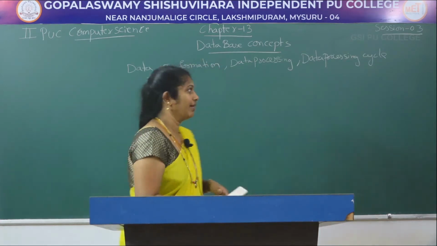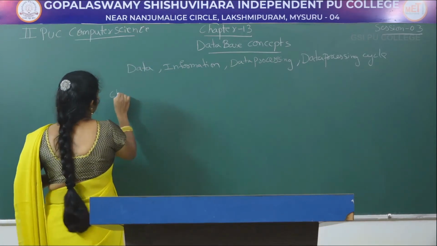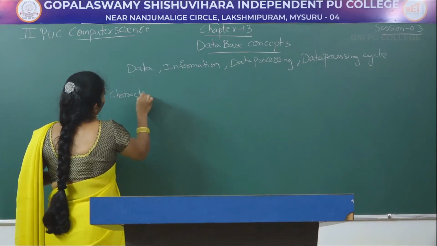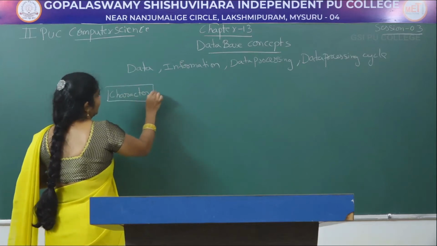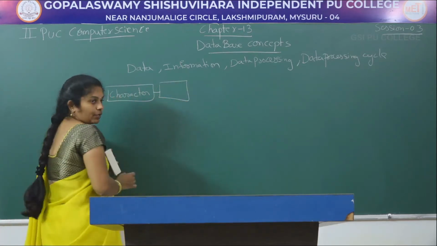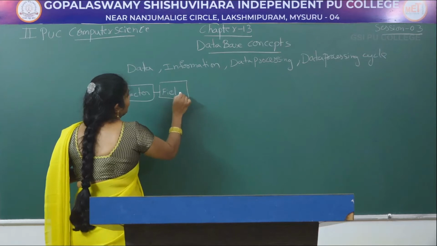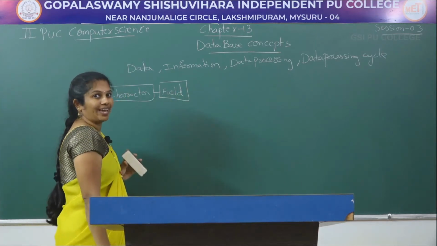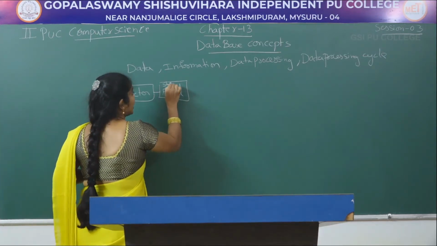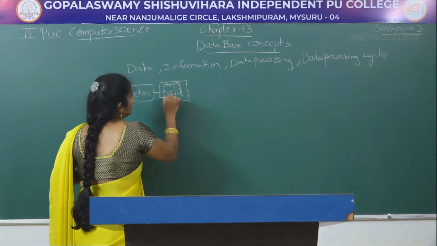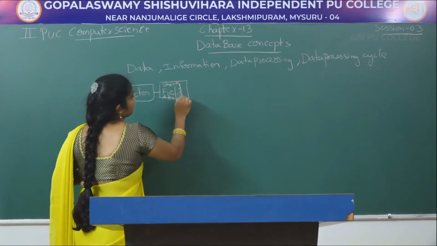With that, we explained what we mean by character. The collection of characters can be called a field, string, or attribute.